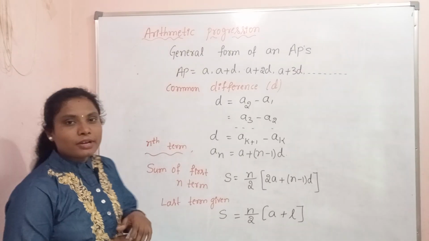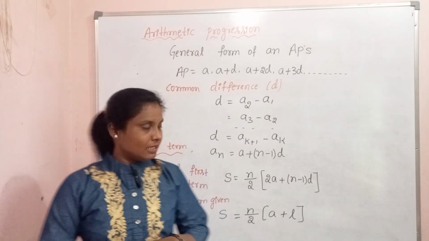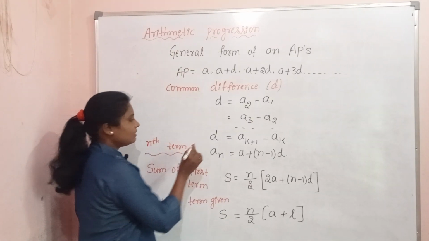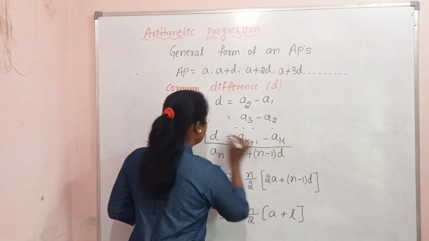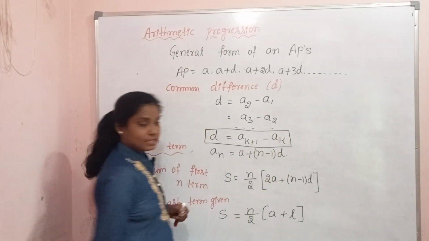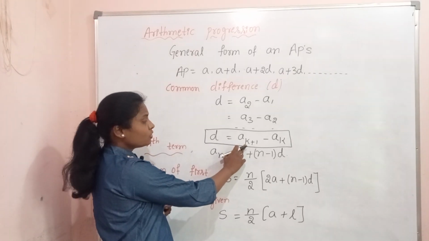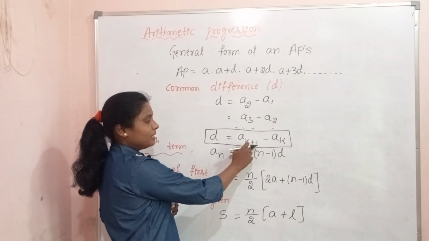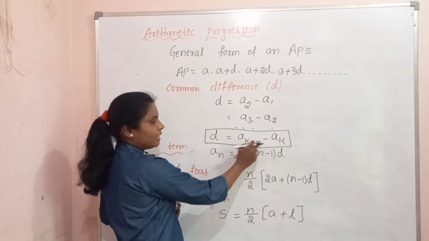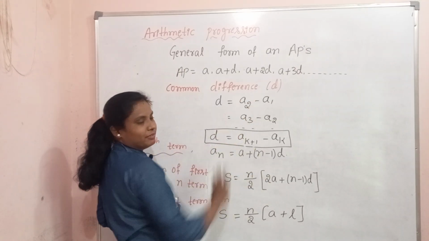Next, how to find the common difference d. This is the general form we are using to find the common difference d. Here, if you give k equal to 1, then 1 plus 1 you will get 2, so a2 minus a1, that is what we have written.